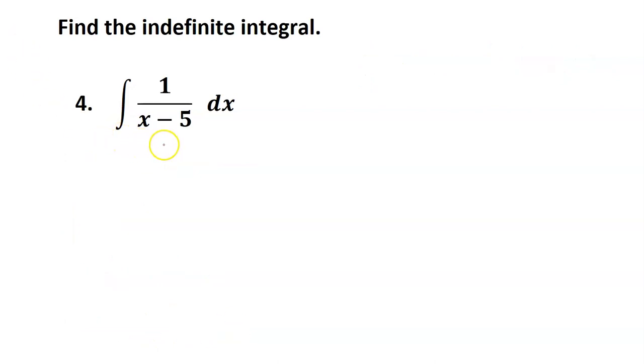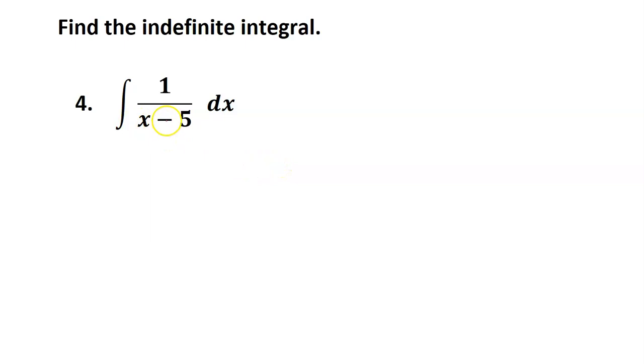For the sake of speed, I want you to consider trying to do problems like this in your head. When you look at it, you think to yourself, okay, u-substitution. We're going to let the denominator be u. But then you think to yourself, what is u prime? And you realize that u prime is 1. As soon as you see that u prime is 1, you should feel silly actually doing the u-substitution.